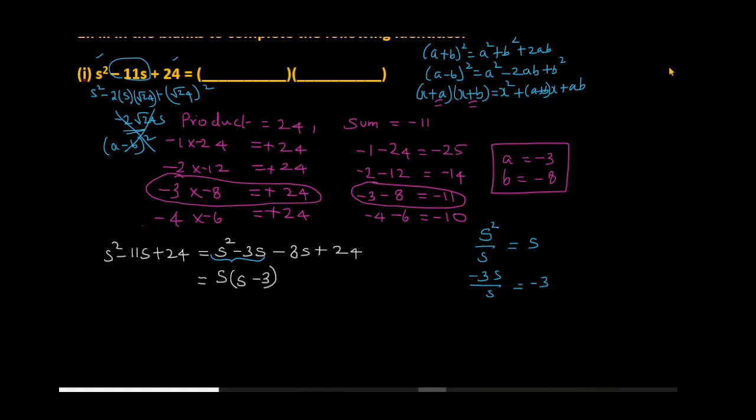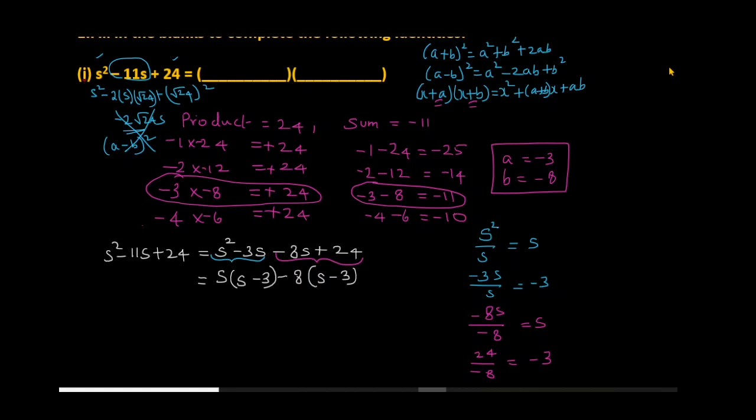Now look at the next two terms, minus 8x and 24. In that, minus 8 is the common factor. Minus 8x divided by minus 8 gives plus x, and plus 24 divided by minus 8 is equal to minus 3. So in these two terms, we take minus 8 out. Then the factor is minus 8 into (x minus 3).